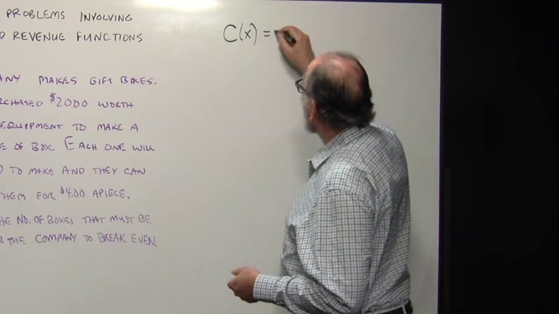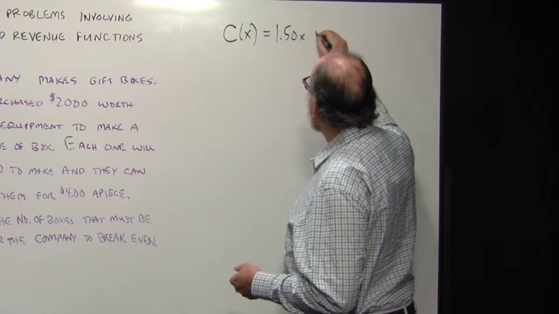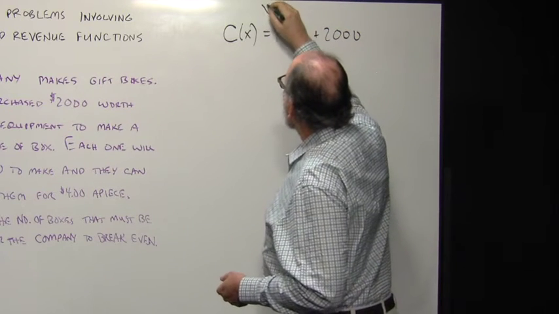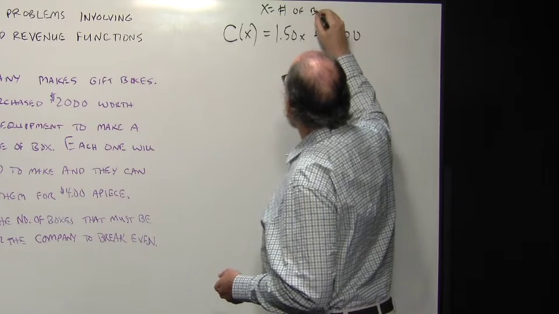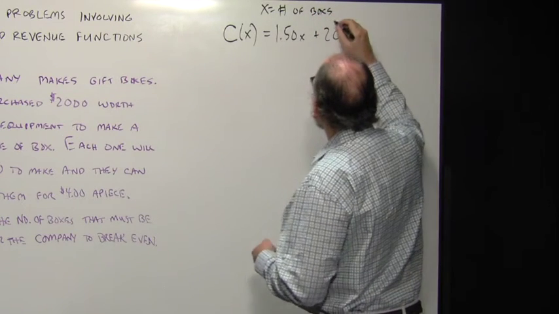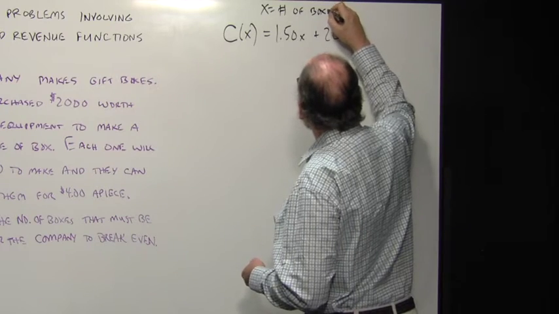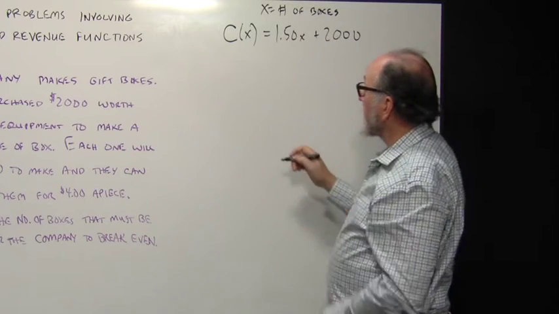So we write that cost function like this: $1.50x plus 2,000, with x representing the number of boxes. So each time they make a box, it costs $1.50 to make it. That's where the 1.50x comes from, plus 2,000.